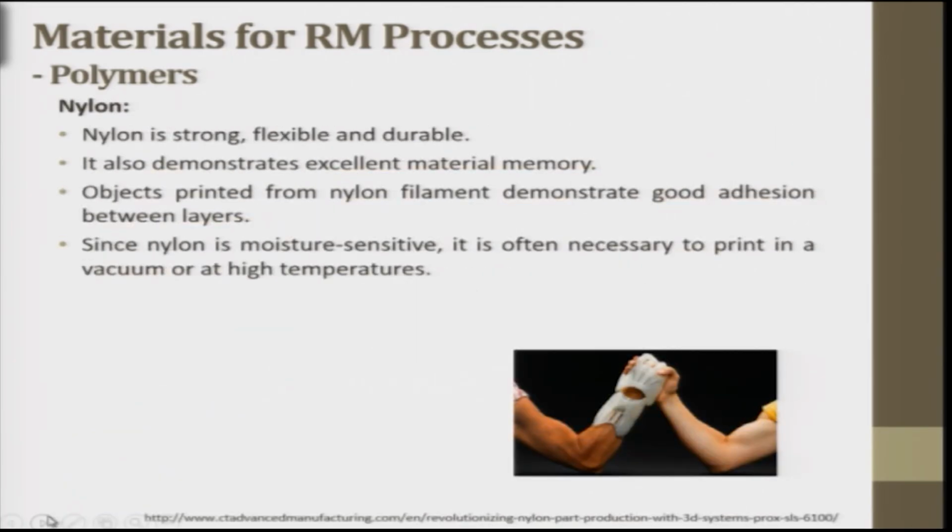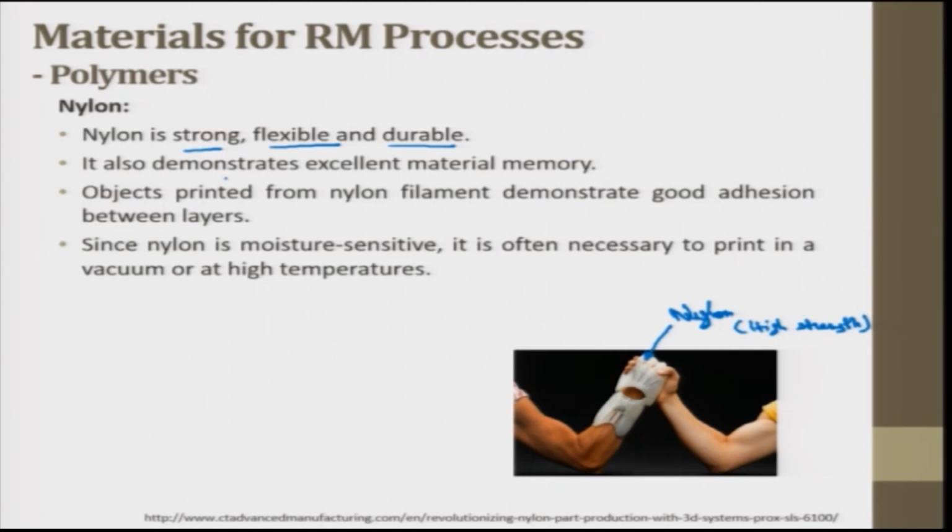Next is nylon. Nylon is a strong, flexible and durable material. As you can see here in the figure, the prosthetic arm is made of nylon, and this figure demonstrates that it has high strength. So they are into arm wrestling.